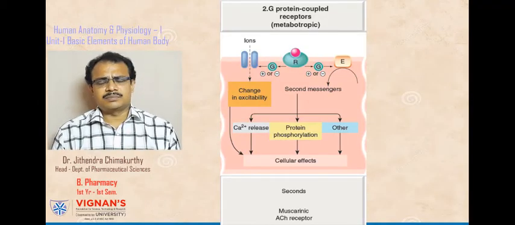The second type of receptor is G-protein coupled receptor.